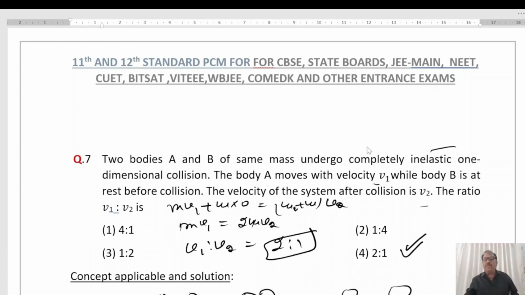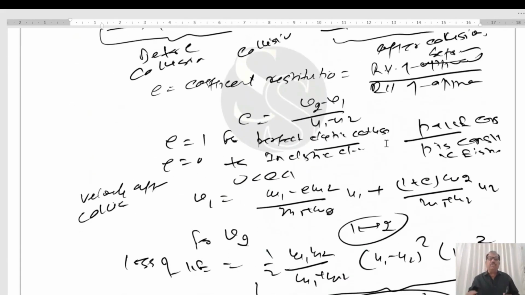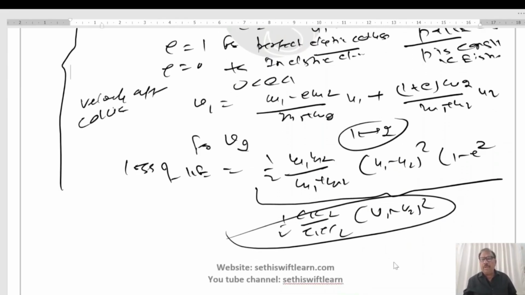Option 4 is the correct option. I have given the additional information because such type of question can also be asked in the NEET exams and other entrance examinations. This is very, very important additional information, right? Next question.